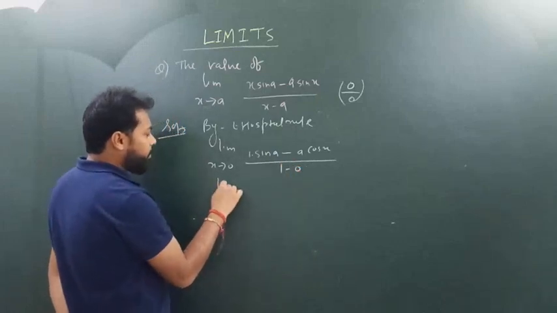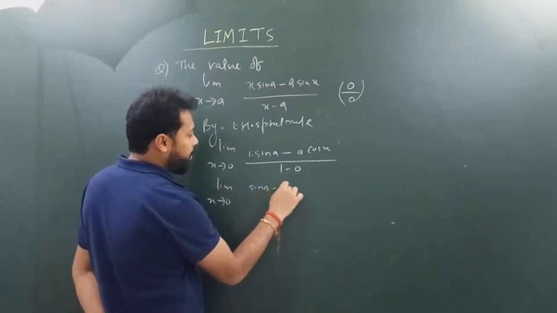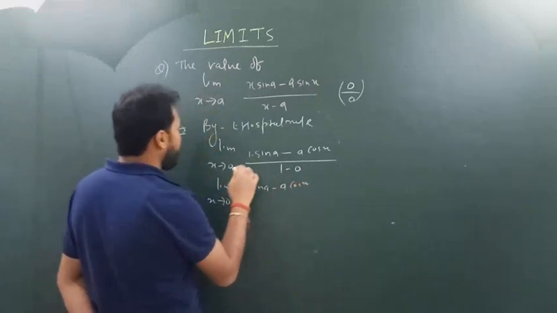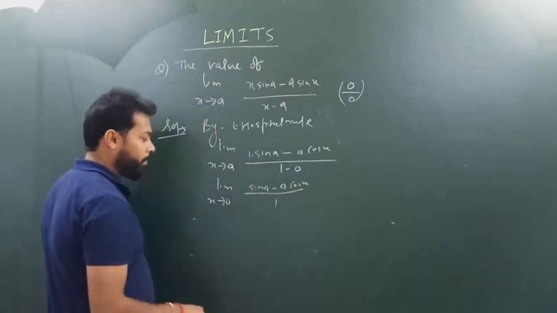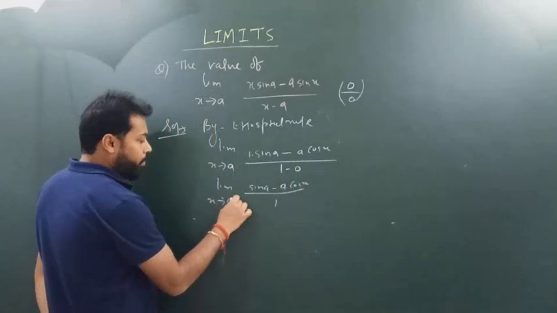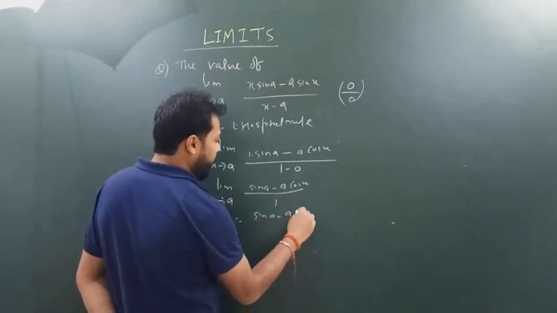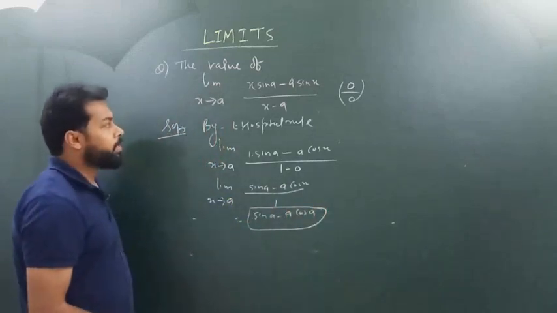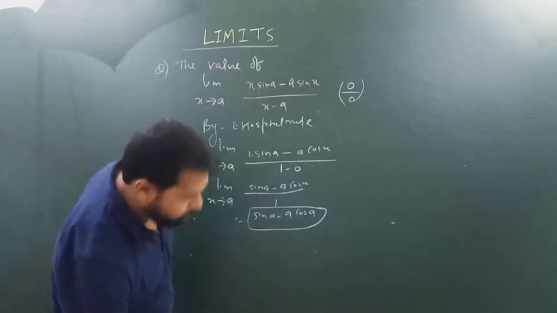So what we are getting is limit x tends to a, sin a minus a cos x, by 1. Now put x equal to a here, and we get sin a minus a cos a. So this is our final answer, sin a minus a cos a.